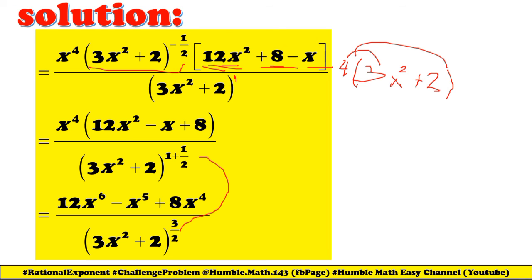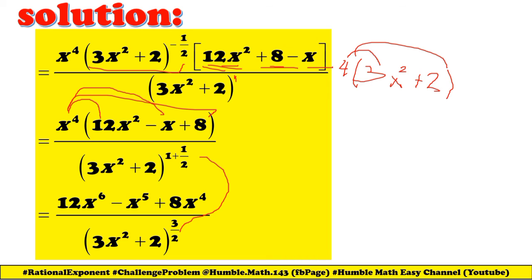Then, since 12x squared minus x plus 8 cannot be factored anymore, we just distribute the x raised to 4 from the first factor to every term in the second factor. So we have x to the 4 times 12x squared, it became 12x raised to 6.